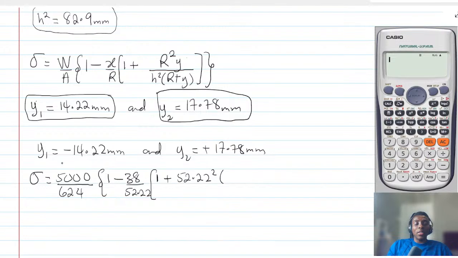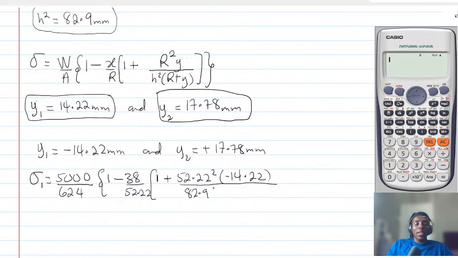But because we are dealing with the first stress, here will be minus 14.22. Then I will divide this by what? H squared, which is 82.9.